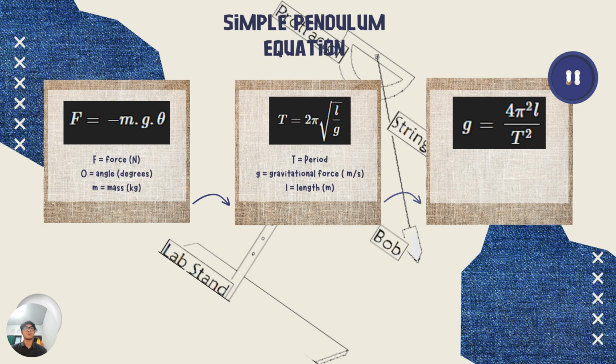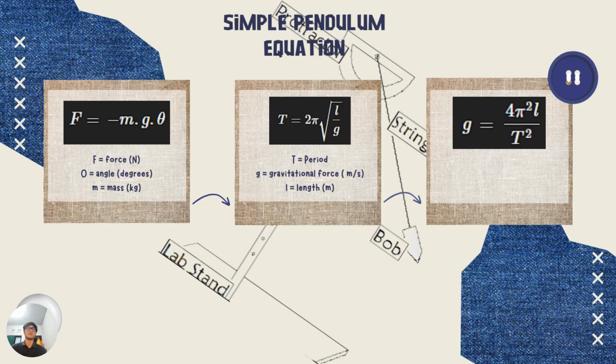Then we search for the period. The period equals 2 pi times the square root of L over g. T is the period, g is the gravitational acceleration in meters per second squared, and L is the length of the string that we use, in meters.